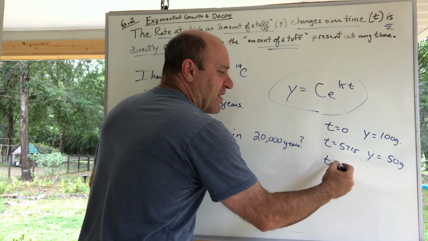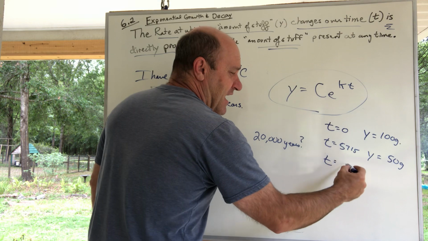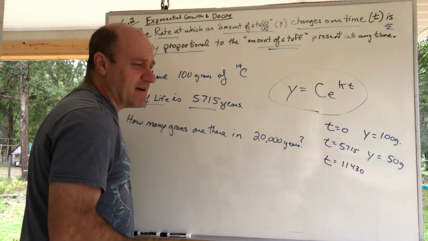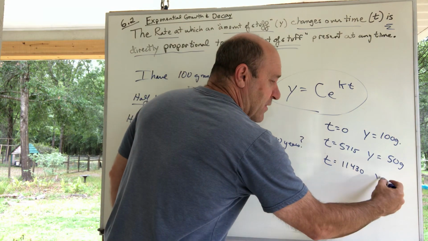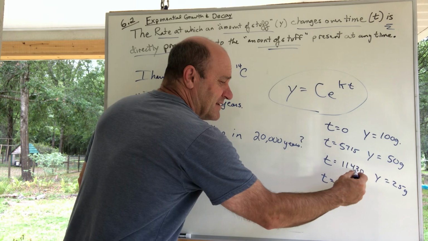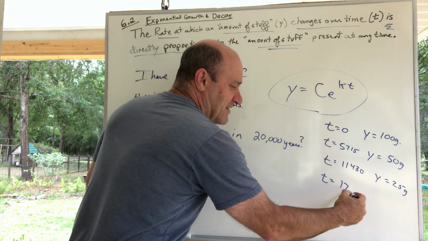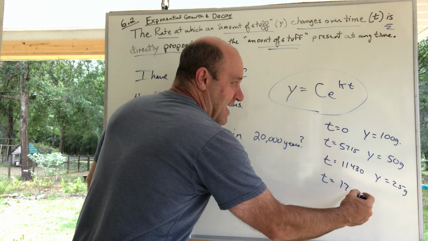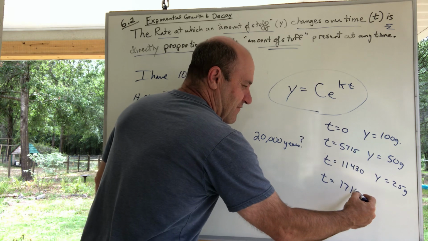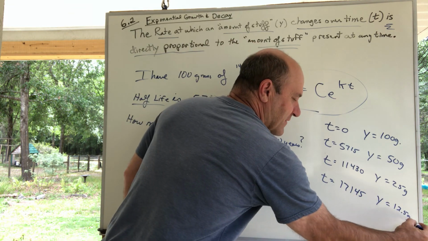Just keep going. If I go another 5,715 years, which would be 11,430 years, we would have 25 grams. If I do it again, another 5,715, that would be 17,145 years, and I would have 12.5 grams.